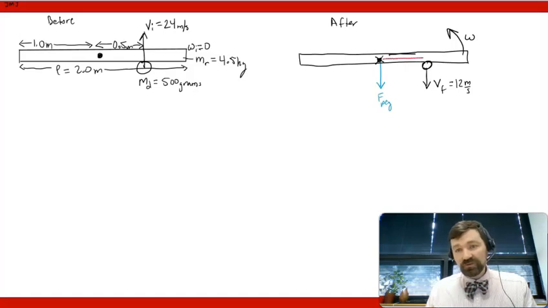Specifically, we want to know what our axis of rotation is, and therefore we need to know what the value of r is for figuring things out. This is the axis of rotation. It's the same here as here. R, for the purpose of figuring out angular momentum about that axis, would be this red vector to the disc.